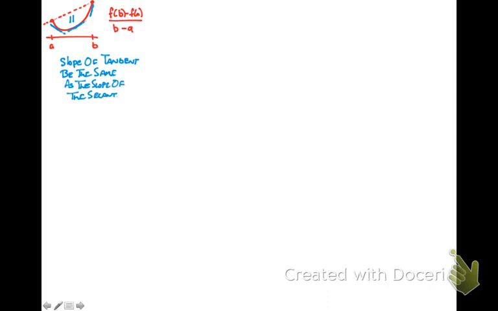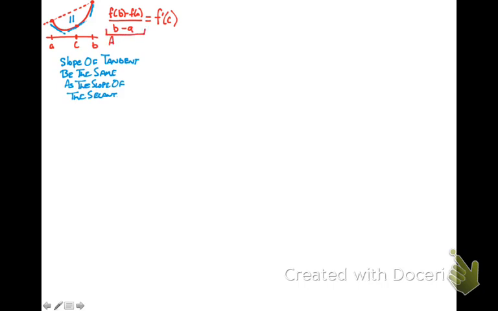So we can see graphically that this must be true, that the slope of our secant line must equal the value of the derivative at some point. Maybe more than one point, but we can see that there is some point C where that's going to happen. Right? And notice that this is the slope of the secant.